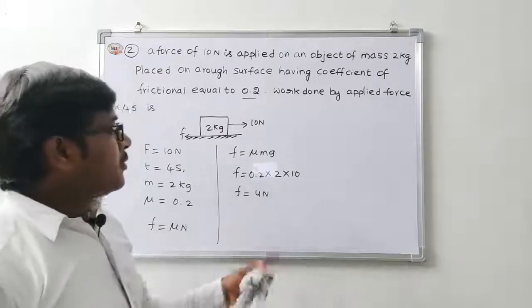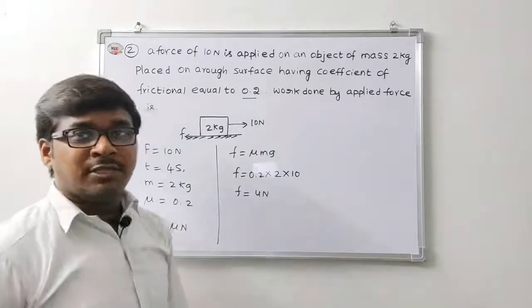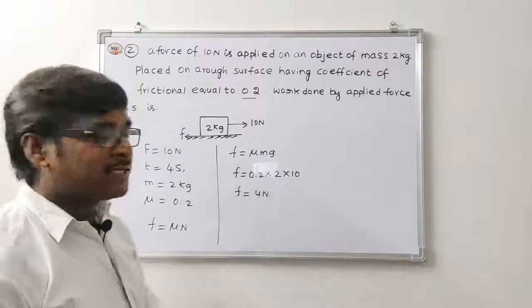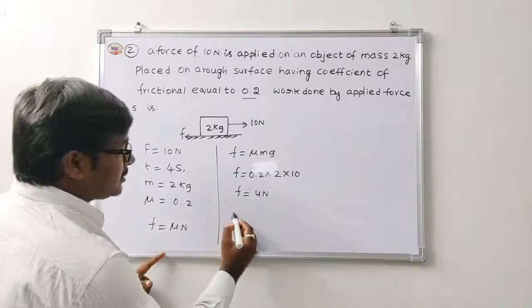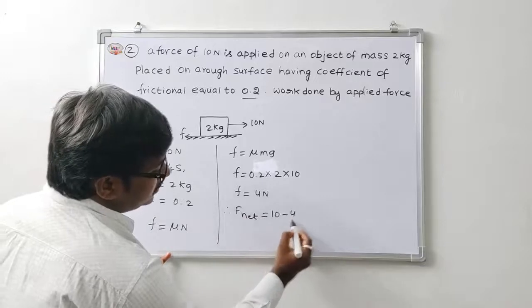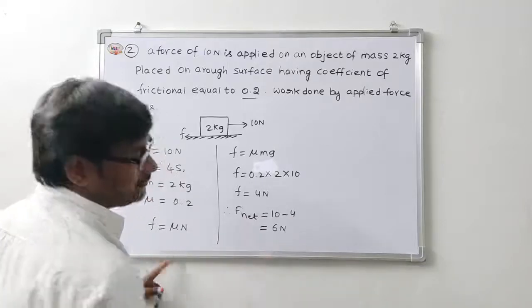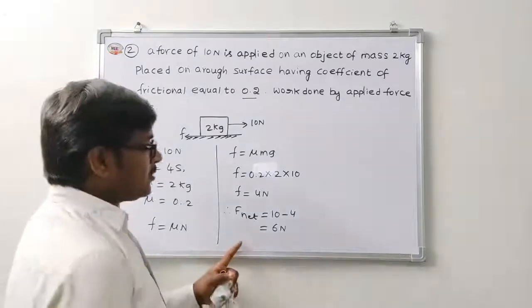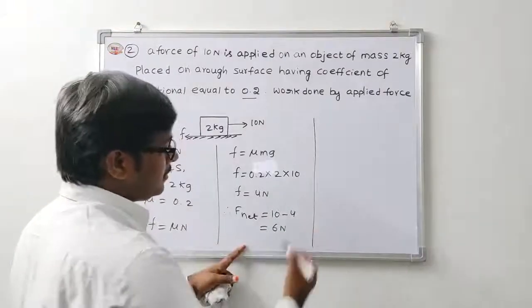The frictional force is 4 Newton and the applied force is 10 Newton. These two act in opposite directions. Then net force F net = 10 minus 4 = 6 Newton.